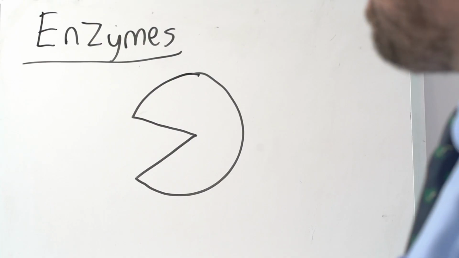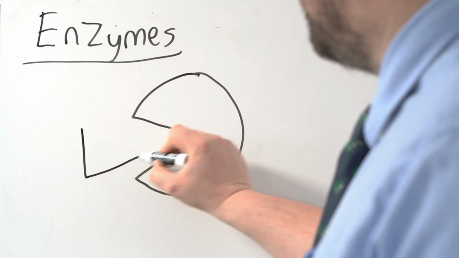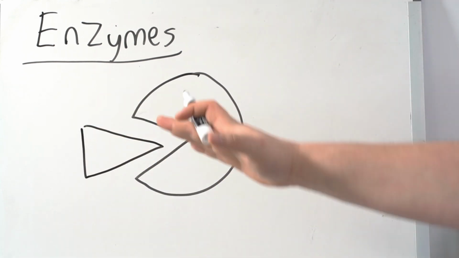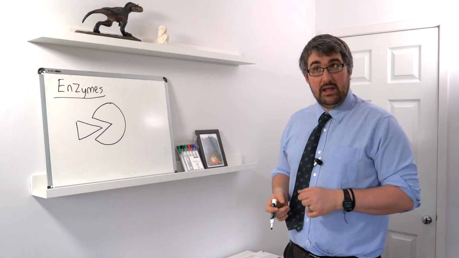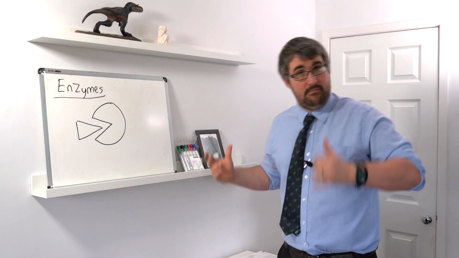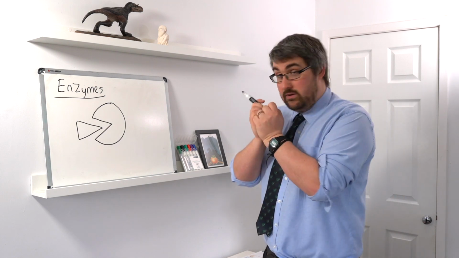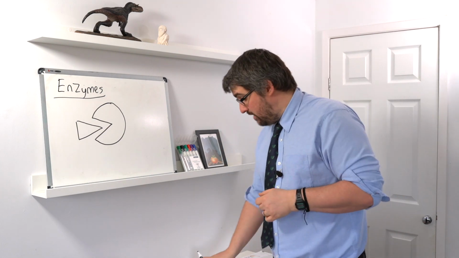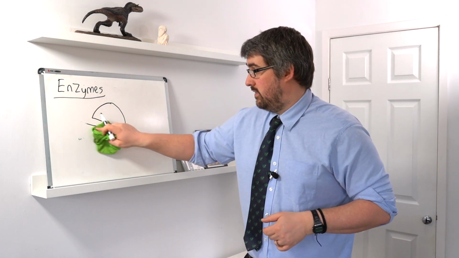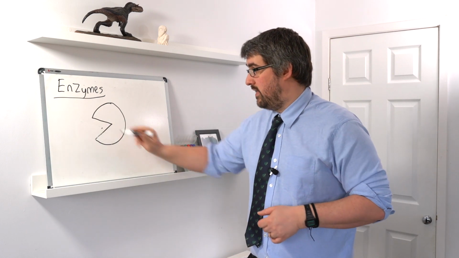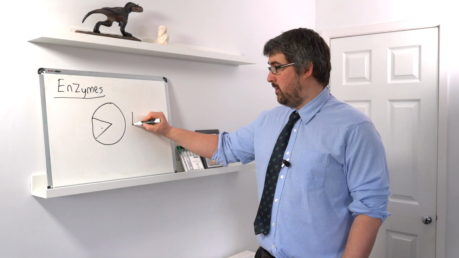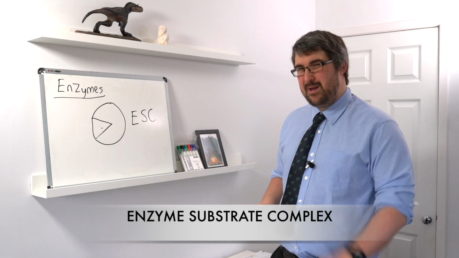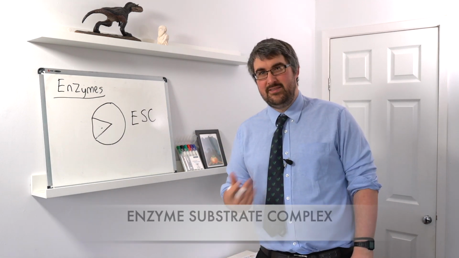The idea with the lock and key model is very simple: the substrate has a complementary shape to the active site. They fit together perfectly, and then by some process the substrate would break down. Well, actually, before that would happen, the substrate would collide with the active site, forming my favourite term, enzyme substrate complex. I'm going to write that ESC on there. Please write enzyme substrate complex in the exam.